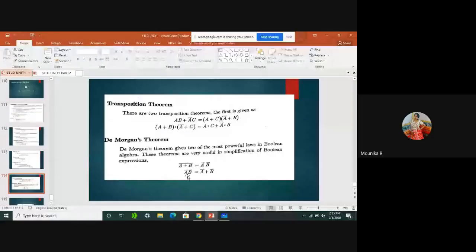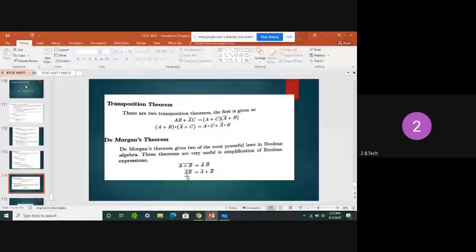Yeah, this relation we have already seen while learning about the NAND gate and the bubbled OR gate. The output from the bubbled OR gate is going to be the same. See here, the second term, AB whole bar, will give A bar plus B bar. AB whole bar is nothing but the output of the NAND gate.